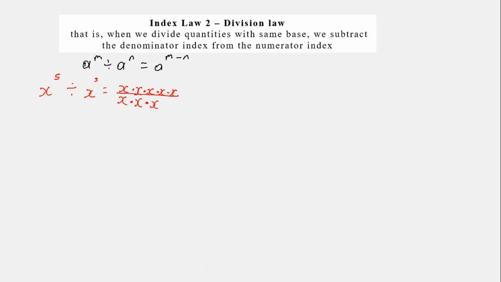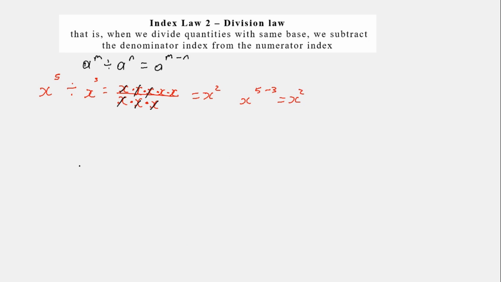Seeing that the formula says we are to subtract the denominator index from the numerator index, 5 minus 3, our answer would be x to the 2nd power. Which is the same as saying x to the 5 minus 3, which is equal to x squared.